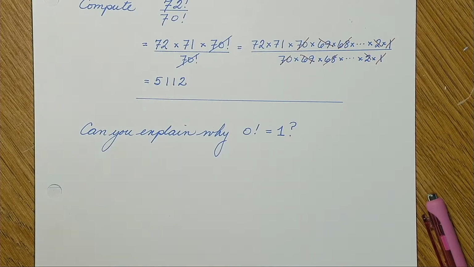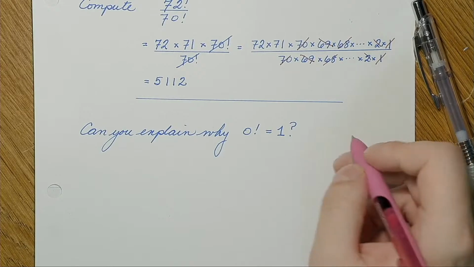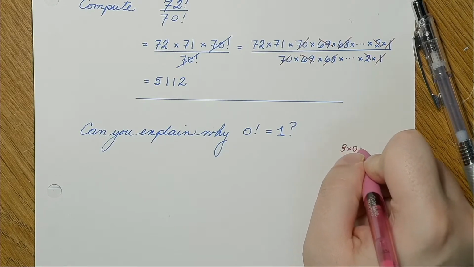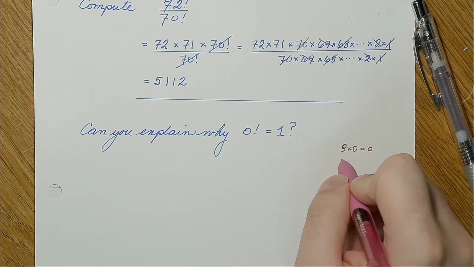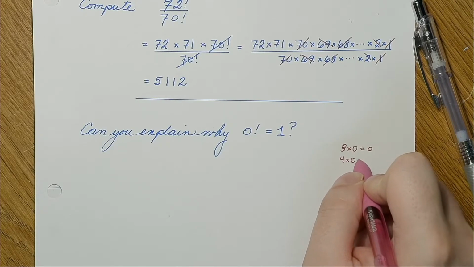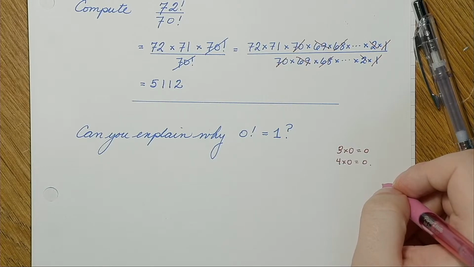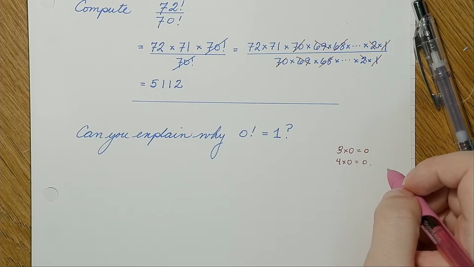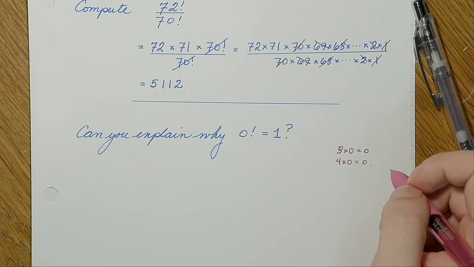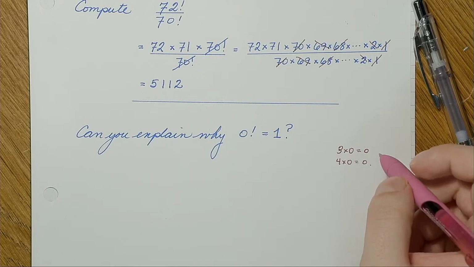Well, I'd like to point out that if you do 3 times 0, that's equal to 0. 4 times 0 is equal to 0. 0 to the power of 1 is 1.